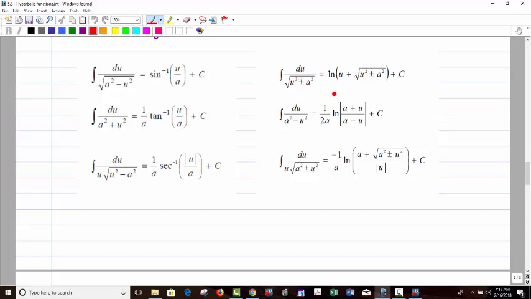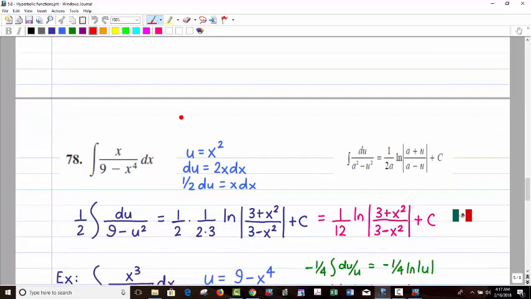But anyway, point being is that for this top formula, for example, if under the radical you had a squared plus u squared, that's exactly the same thing. But it's minus that makes the difference. U squared minus a squared is this formula. A squared minus u squared is arc sine. So this was one formula we used right here for that problem. So be very careful.